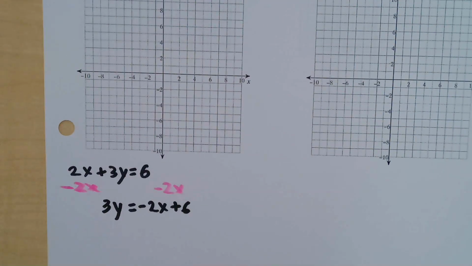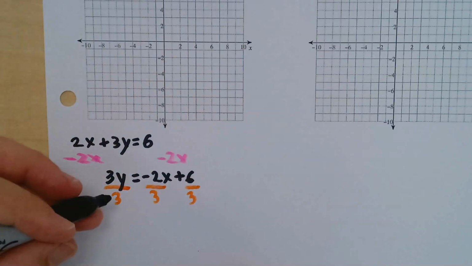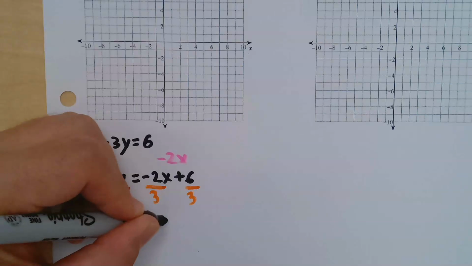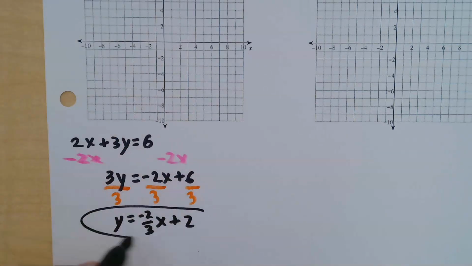Okay, and then one more step, we have to divide everything by 3. Okay, and now our final answer is y equals negative 2/3 x plus, and 6 divided by 3 is 2. Okay, so that's one equation.